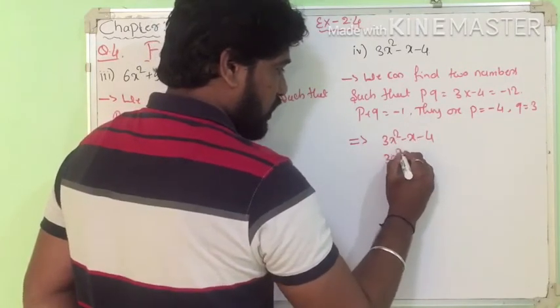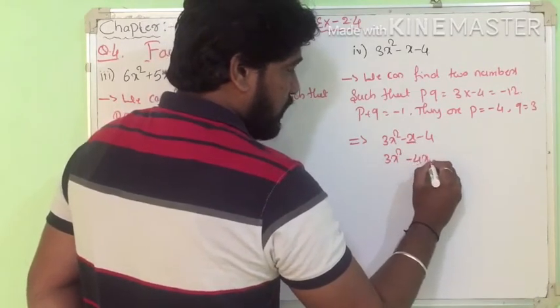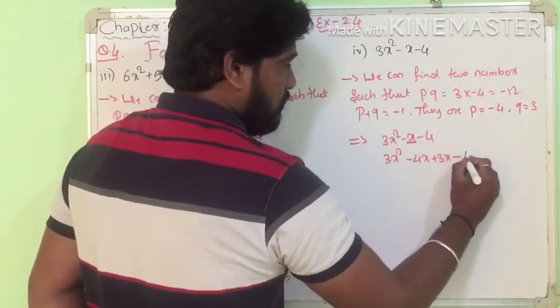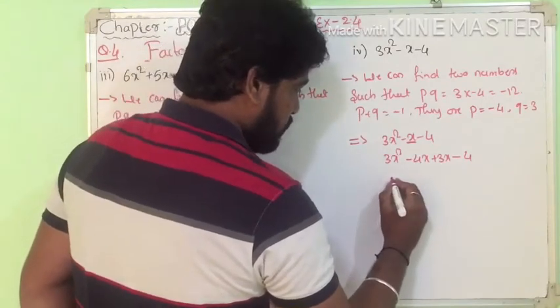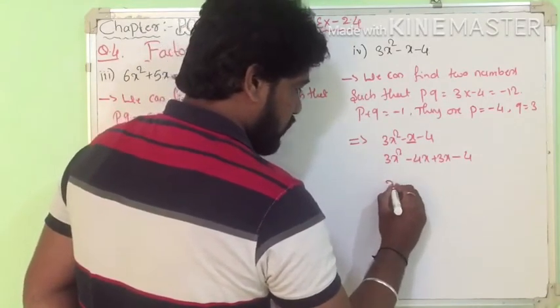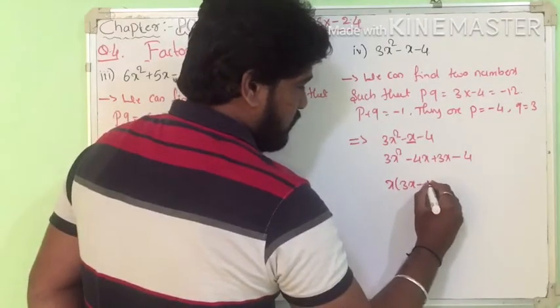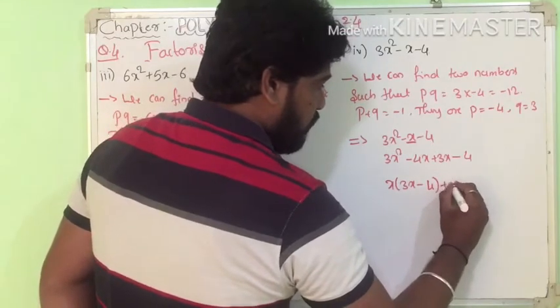Then 3x square, I split this term as minus 4x plus 3x. So we make minus 1x, right? Minus 4. So in these two terms I will take only x common. So x remaining 3x minus 4, right? In these two terms I will take 1 common.